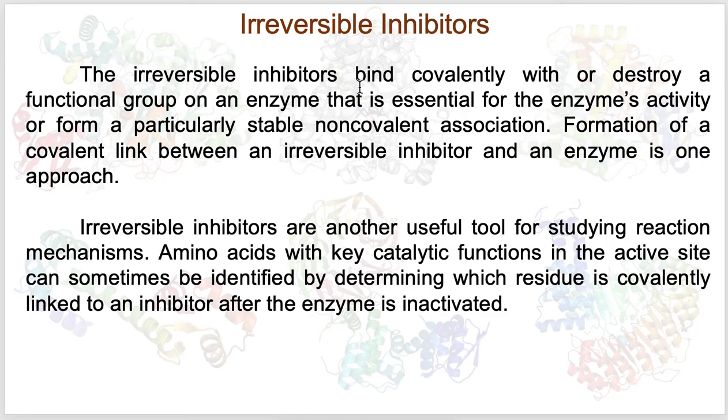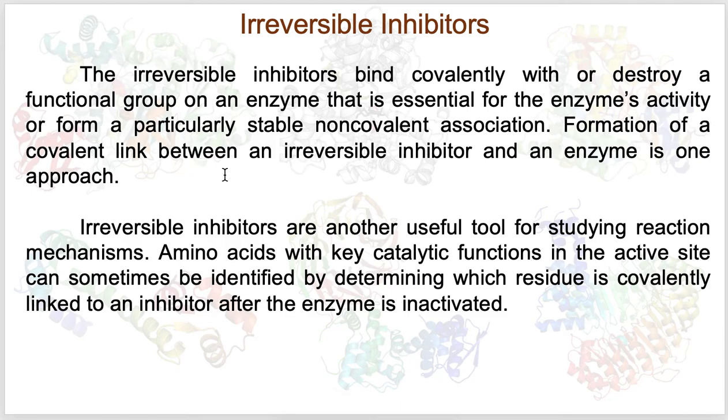So the irreversible inhibitors bind covalently with or destroy a functional group of an enzyme which is essential for the enzyme's activity, or they form a particularly stable non-covalent association.